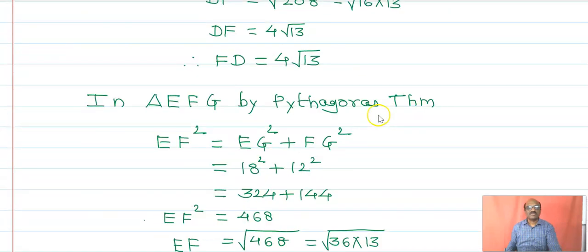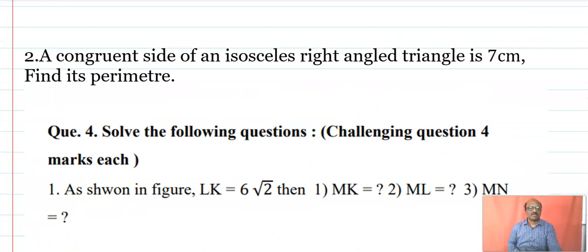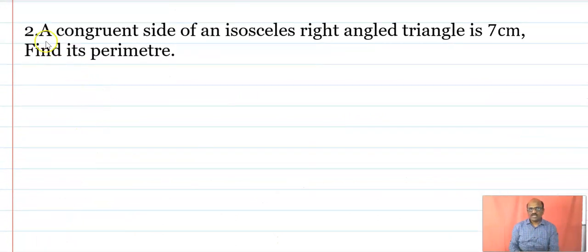Now we'll take the next question. Next question. A congruent side of an isosceles right angle triangle is 7 centimeter. Find its perimeter. Now here the solution. Okay.